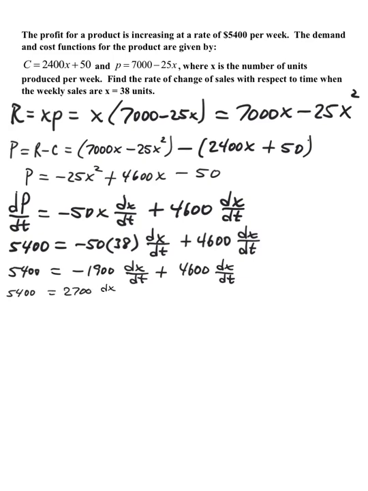And again, that's just simply combining like terms. Divide both sides by 2,700, and you get dx/dt equals 2. And that was what we were after in the problem.